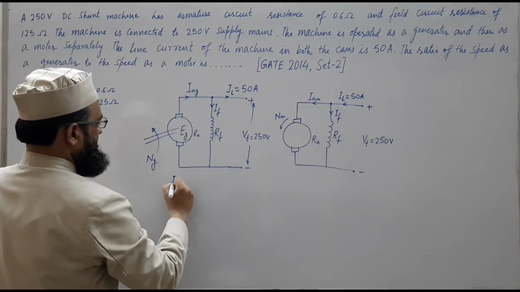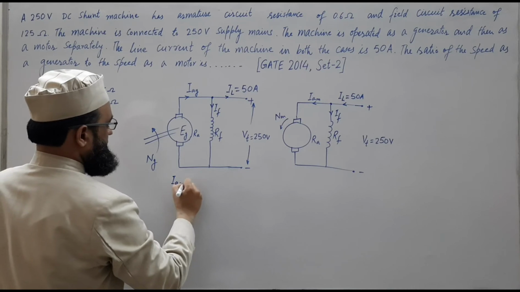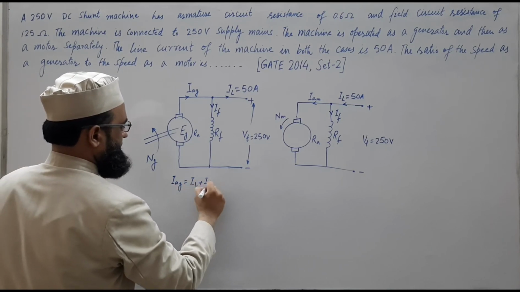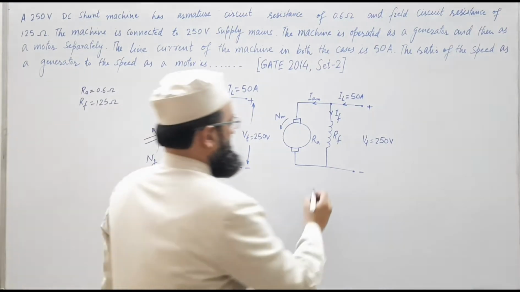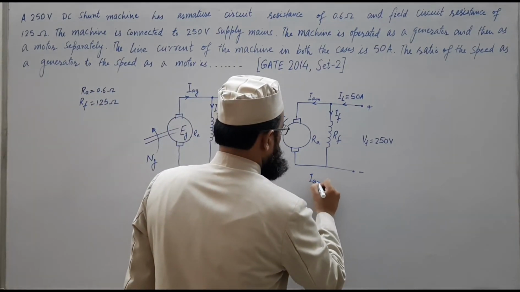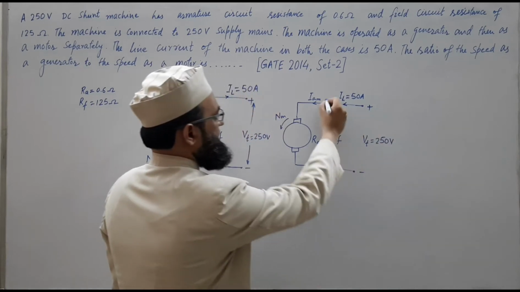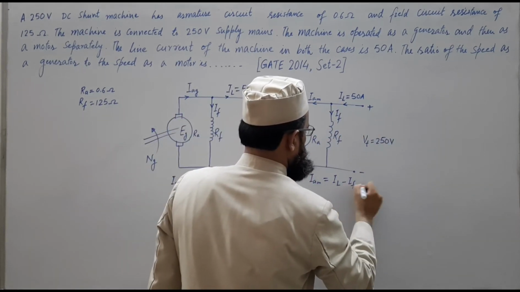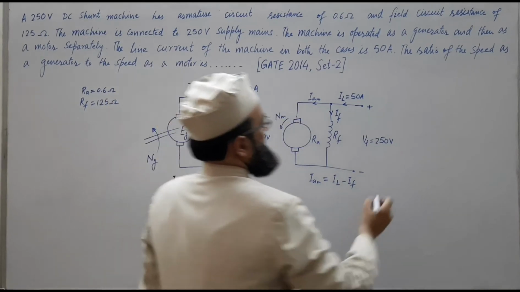For this we may write armature current IAG is equal to IL plus IF. For this case also armature current IAM may be written as, apply KCL, IL minus IF. So first evaluate IF.